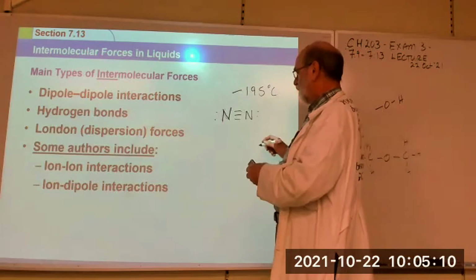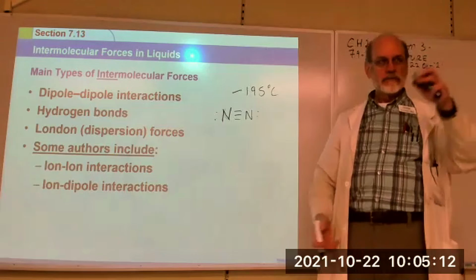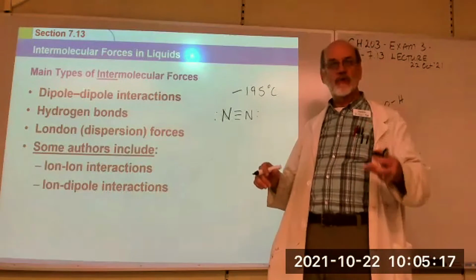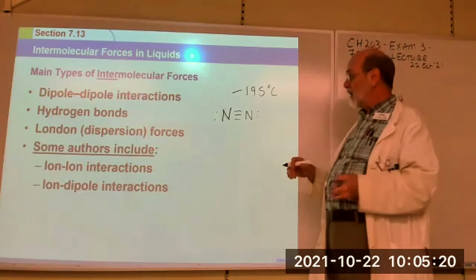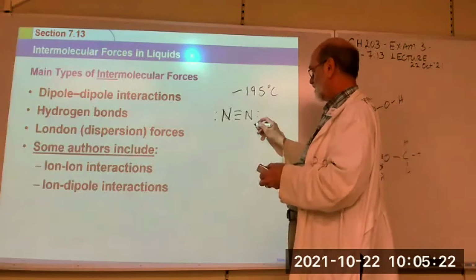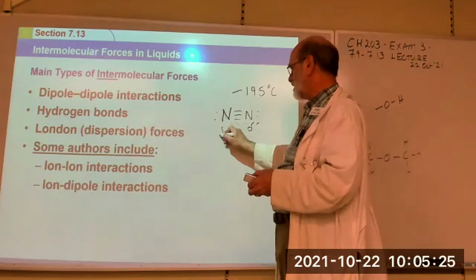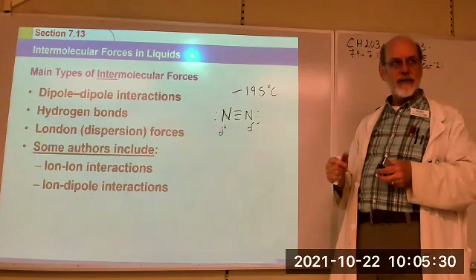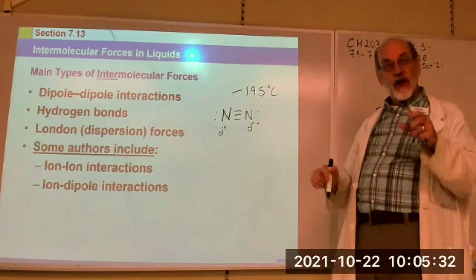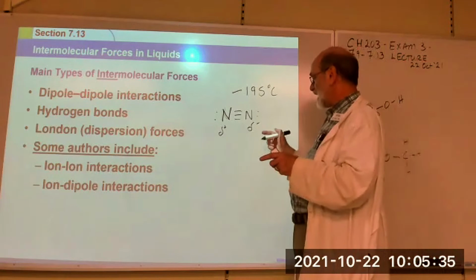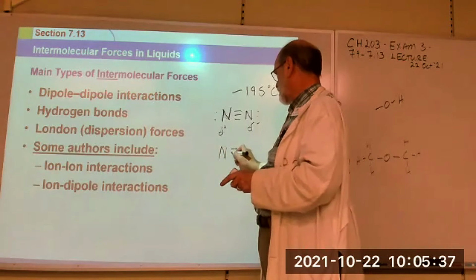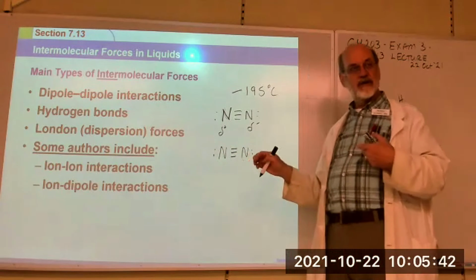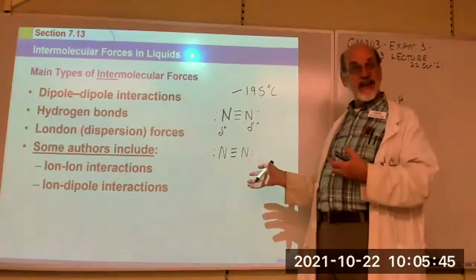So what happens? Well, electrons are always in motion. We think of electrons sometimes as static, but they're not. They're always moving. And occasionally, they tend to accumulate on one side or the other of that molecule. Just for a brief instant, it happens. But it's long enough so that it can induce a shift in electron density in its neighbors.